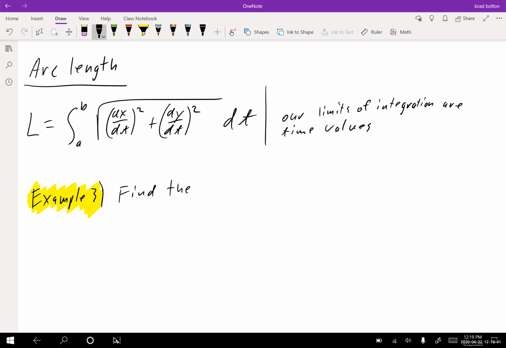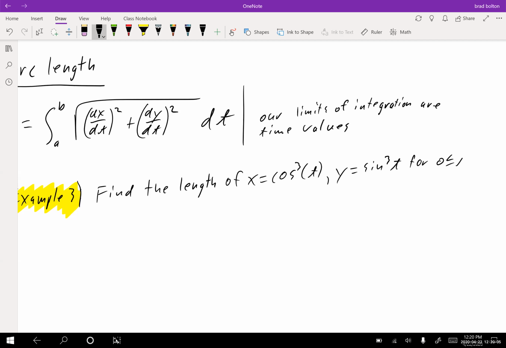So find the length of x equals cosine cubed t, y equals sine cubed t, for 0 less than or equal to t less than or equal to pi halves. Okay, so I'm asking you to find the length of the curve x equals cosine cubed t and y equals sine cubed t on the time interval from 0 to pi halves.